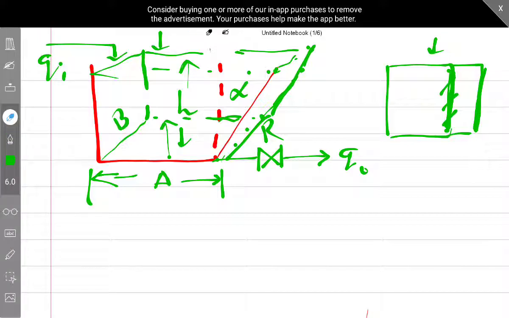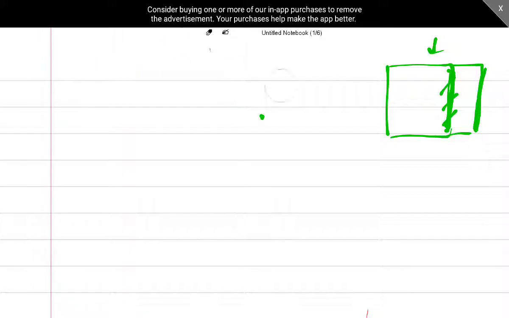I will just redraw this so that you can understand easily.